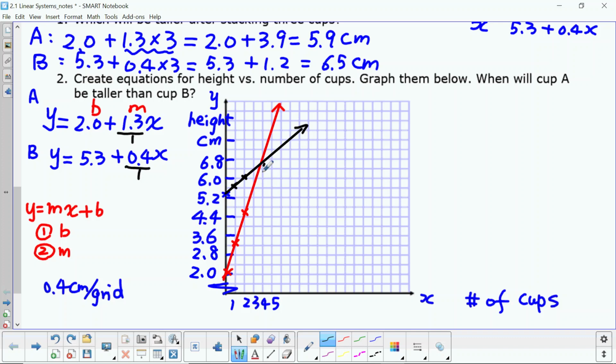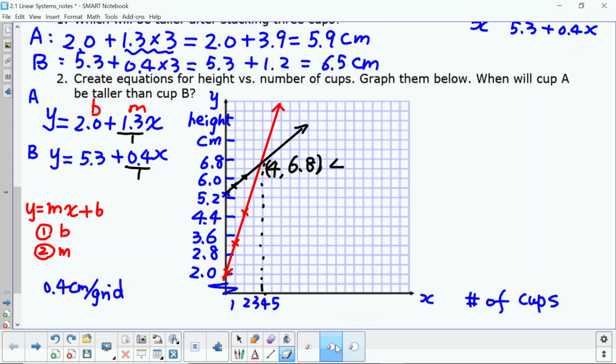The 2 lines, we are going to see this point is the point of intersection, and that point is around cup 4. So if we stack 4 cups, you will find out that the heights of the 2 cups will be equal. So this point, we are going to rate it is around 6.8 or 6.7. Sorry, 4 first, 6.8 after.